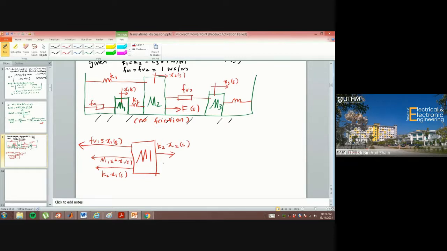Because due to the motion of M2, the link between M1 and M2.